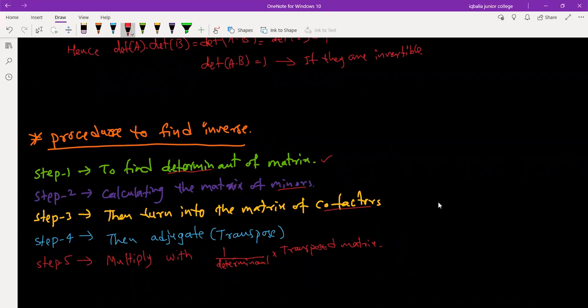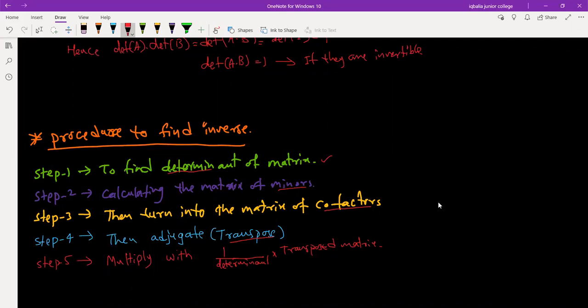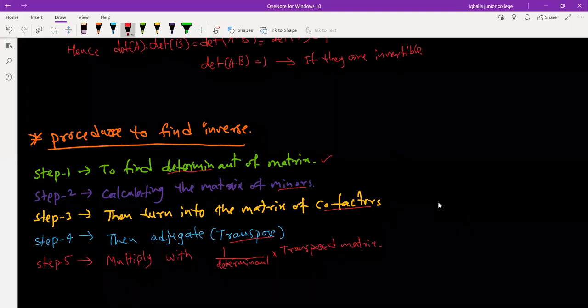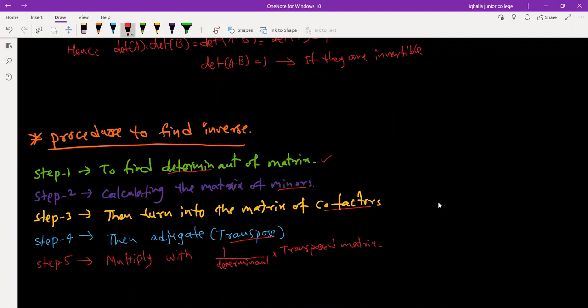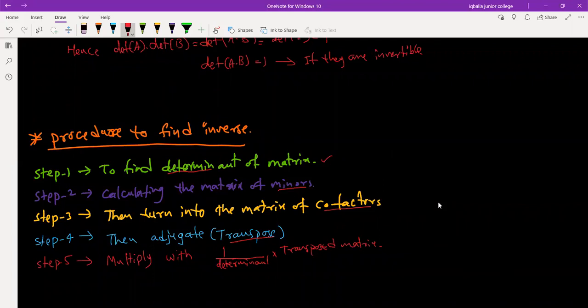And after finding the cofactors, we have to transpose that matrix, and that transposed matrix we have to multiply with 1 by determinant. That is our last step. Okay, so 172007 and other girls, have you understood the procedure to find the inverse?